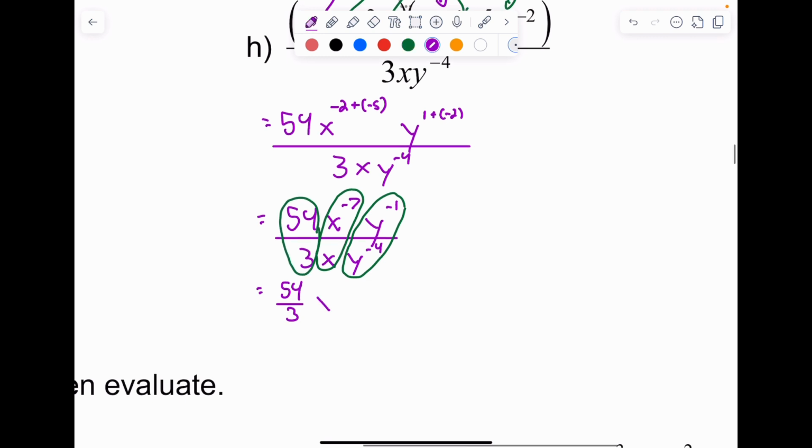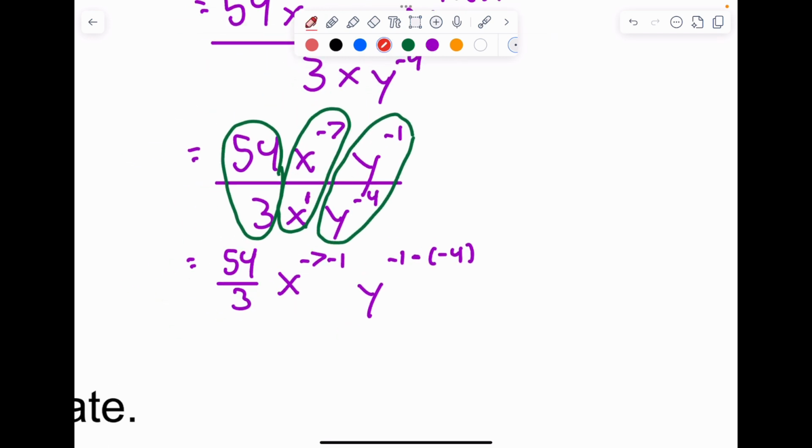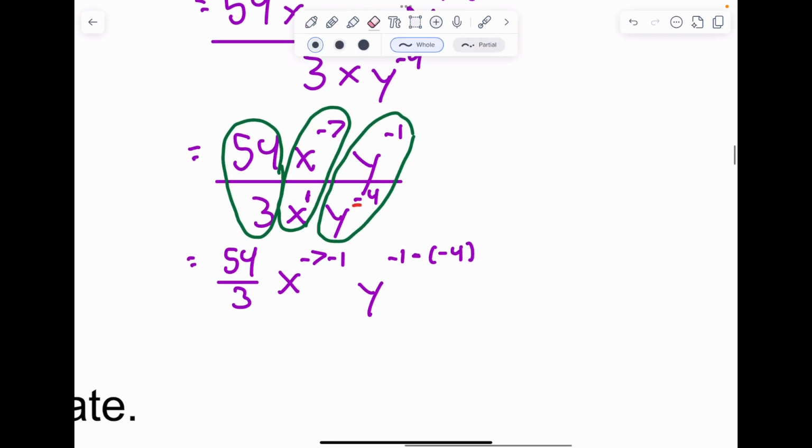And then we have x minus 7, and it being divided by, technically that's a 1 here, so minus 1. And then y minus 1, take away negative 4, okay? So keep in mind your signs here. Negative right here, so you subtract a negative.